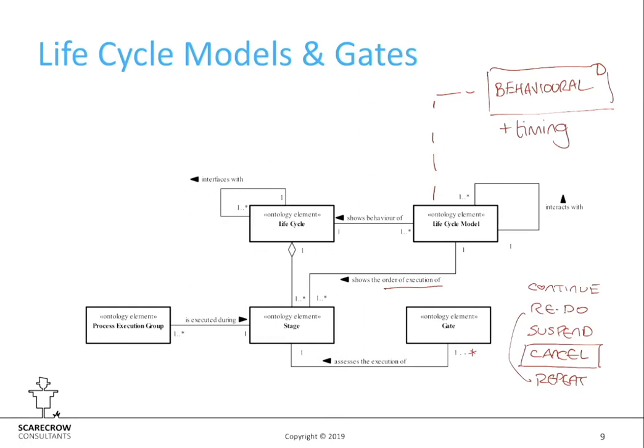And if you take your structure down, you can put how long you're going to spend in each process execution group, and in each process, and ultimately in each activity within the process. And that's how you can actually get your Gantt chart out of something like this. So the life cycle model is behavioral. When people talk about what's the life cycle for system X, what they probably really mean is the life cycle model, because what they're talking about is those stages with sequencing and with timing on them.